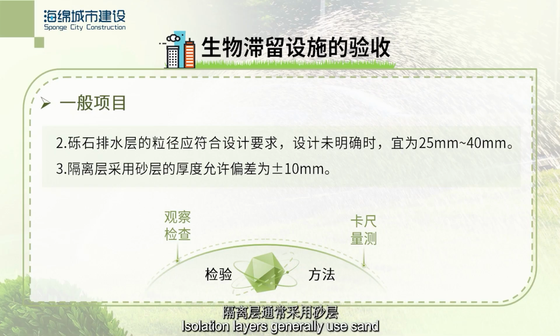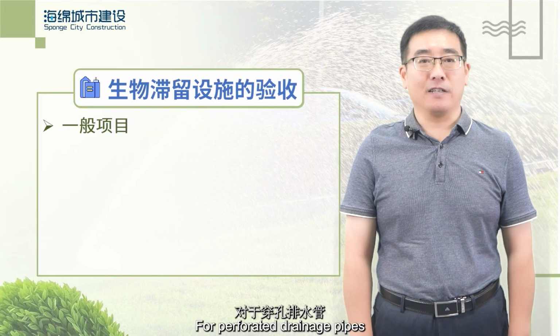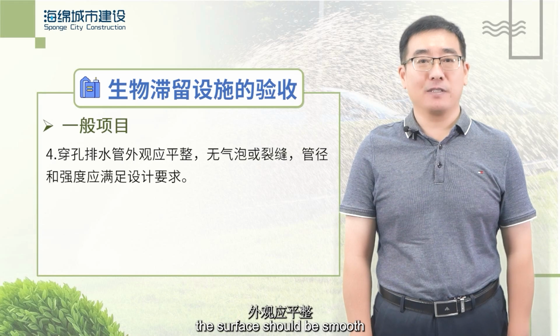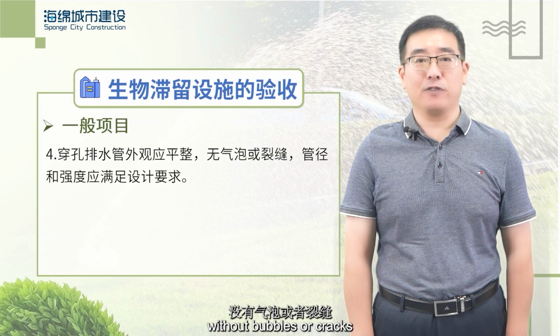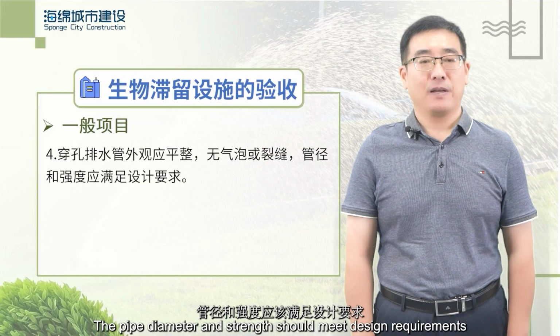Isolation layers generally use sand. The thickness of that sand layer has a tolerance of plus or minus 10 millimeters. The inspection method is visual inspection and caliper measurement. For perforated drainage pipes, the surface should be smooth, without bubbles or cracks. The pipe diameter and strength should meet design requirements.